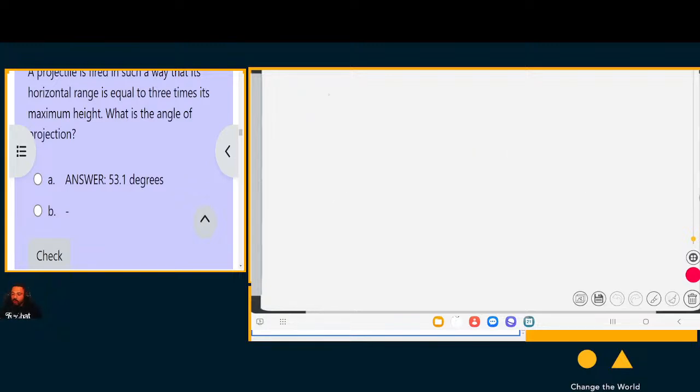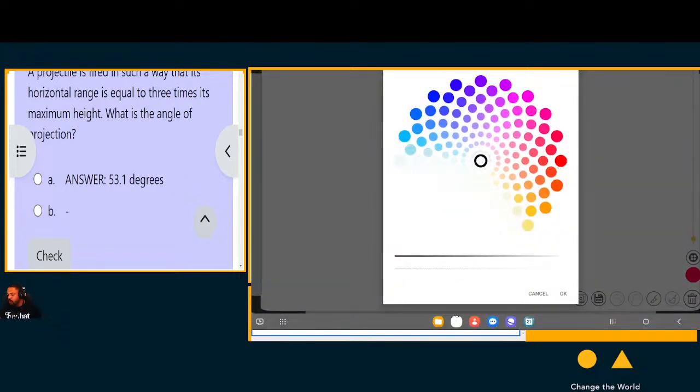Now we know that we can calculate height in projectile motion as follows.